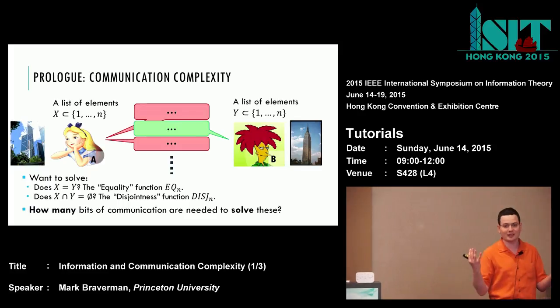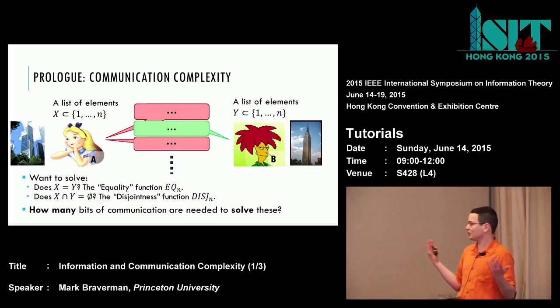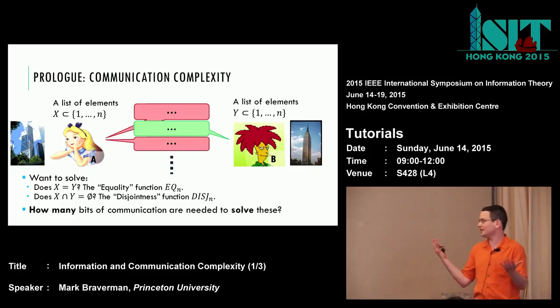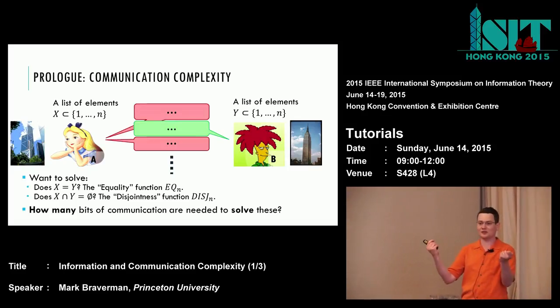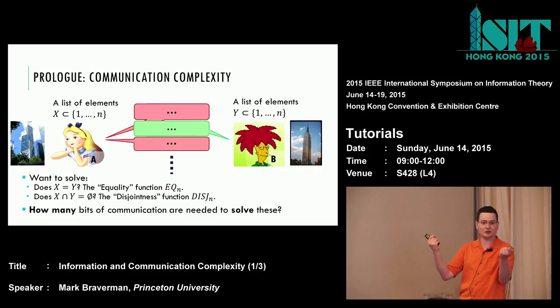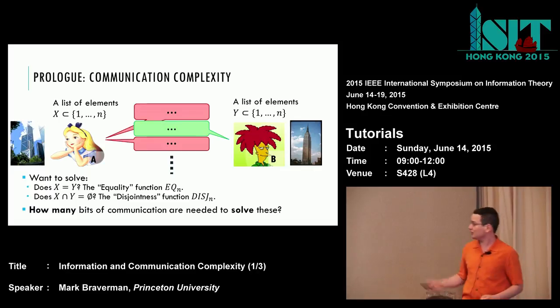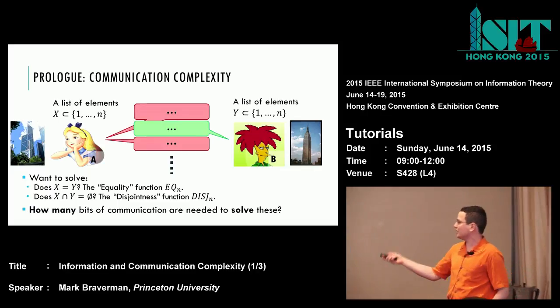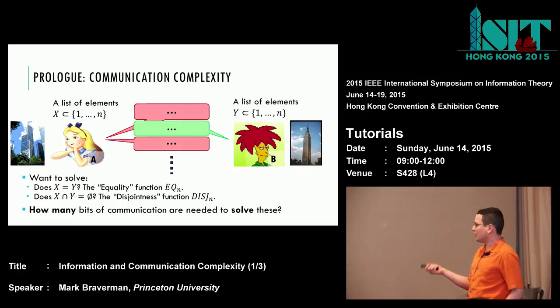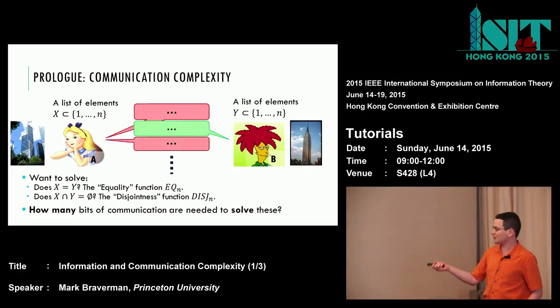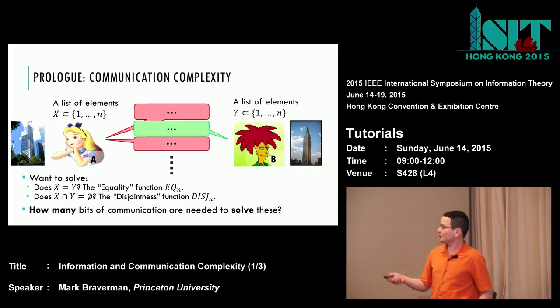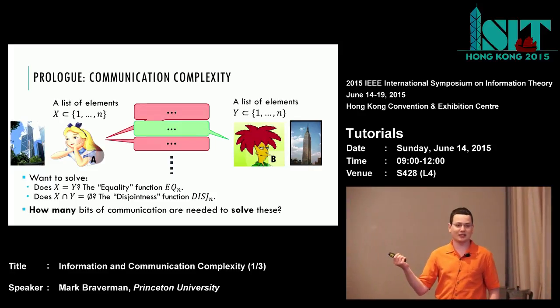One example is the equality question. Imagine they have two files of length n, and they want to decide whether those files are identical to each other or not. That's the equality problem. Another common problem is the disjointness problem, where they want to decide whether they have an element in common.